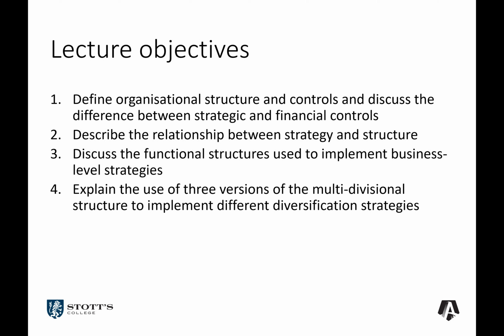As part of that process, it's necessary to revisit some of our ideas of how firms grow from having a simple structure at the beginning, through a functional structure, through a divisional structure, which includes multi-divisional and the three different forms we use in relation to our strategic focus on multi-divisional structures.